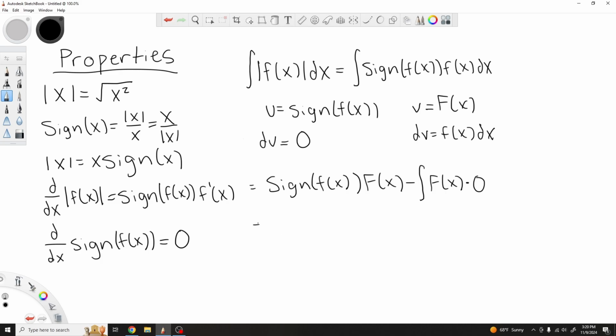We're going to get that this all equals sine f of x times capital F of x. We'll write this as a constant, and there we have it. Our antiderivative of the absolute value of any function is equal to the sine of that function times its antiderivative plus a constant of integration. And there we go.